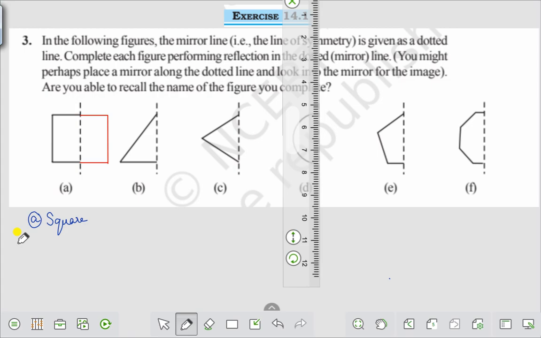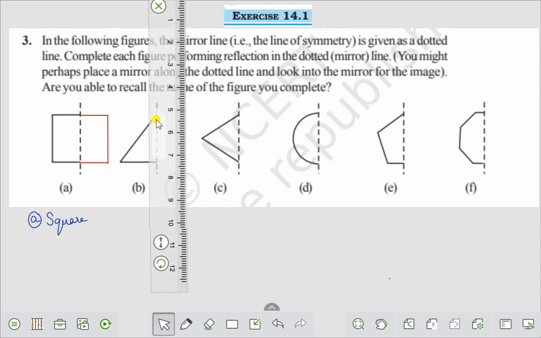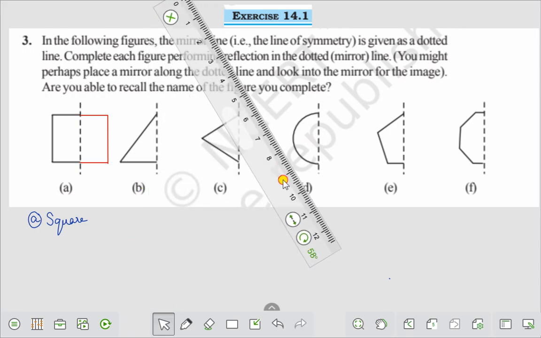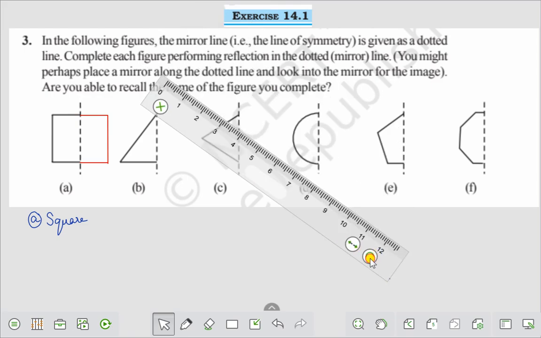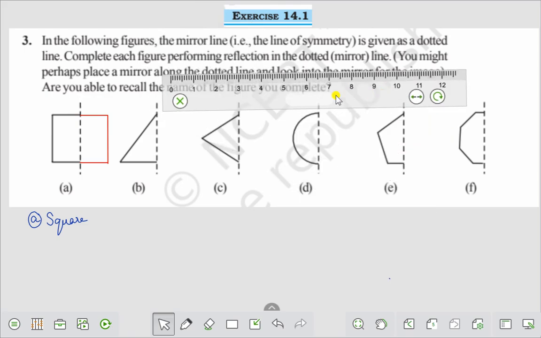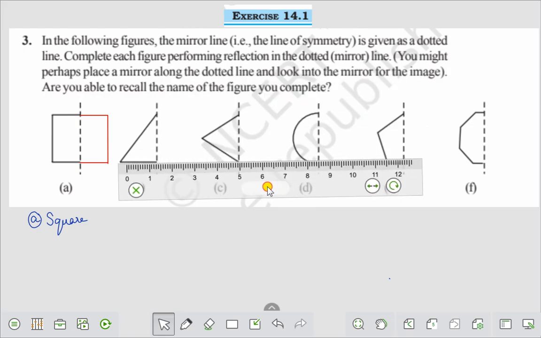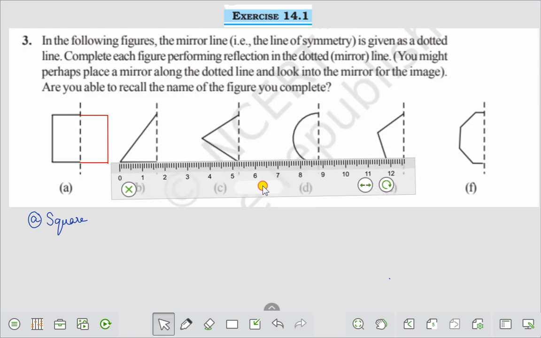Now in B you'll find that if you draw this line, if you complete this one, then you will get, here you see, with the help of this scale, we will complete the figure. If we draw this line, right?